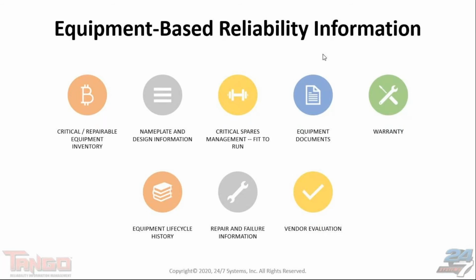In today's world, we see a lot of high efficiency motors being bought with extended warranties, maybe up to several years, and yet we hear time and time again that once that piece of equipment gets into the plant and it's in a stores location or it gets into a service location, and in the urgency of taking care of maintenance activities in a non-reliability oriented process, I typically don't have the information at my fingertips to understand whether or not this motor, for example, might be being sent to a repair shop when in fact it's under warranty.